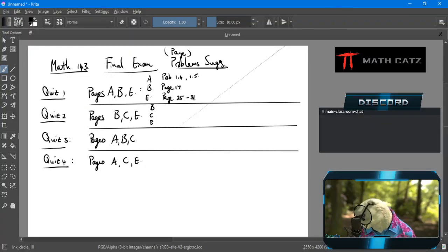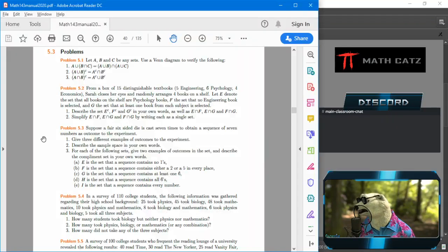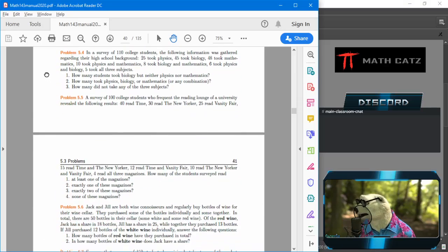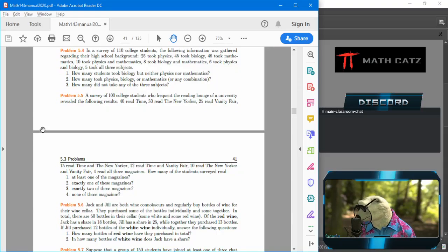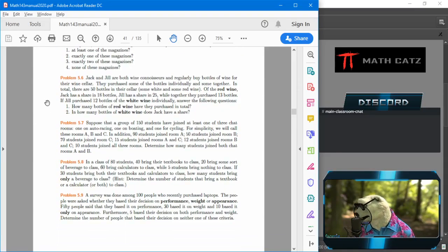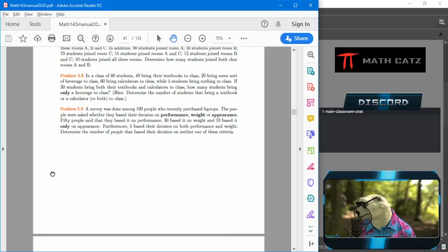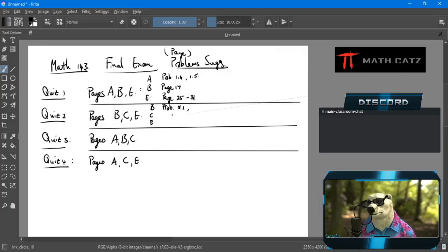Oh, stupid line. So this will be problem 5.1. And then we have some word problems, starting at problem 5.4 all the way to 5.9, 5.4 to 5.9.